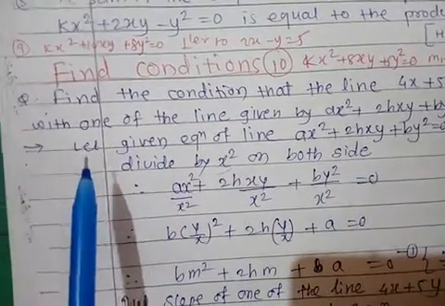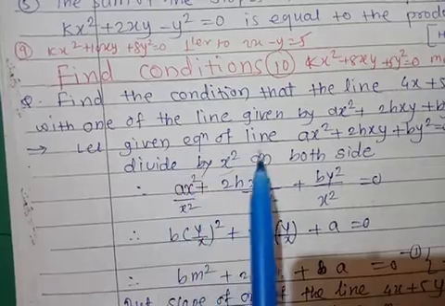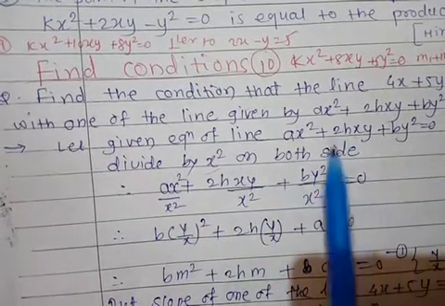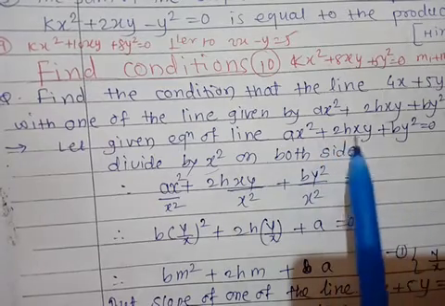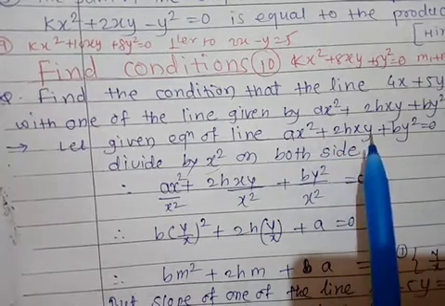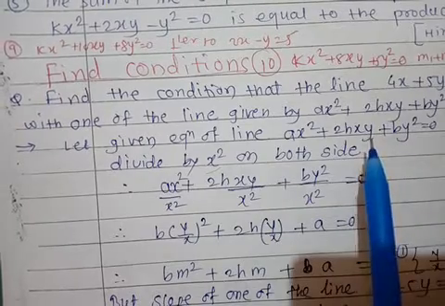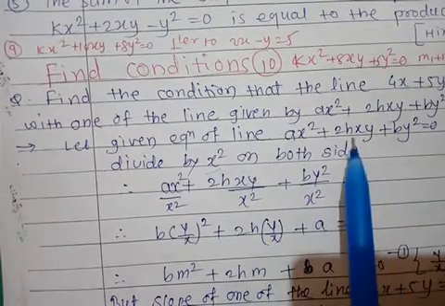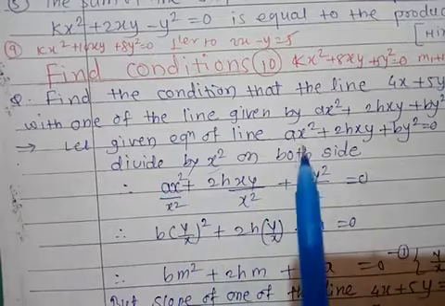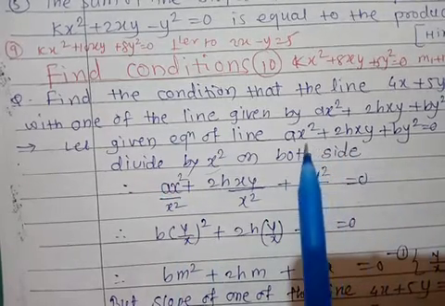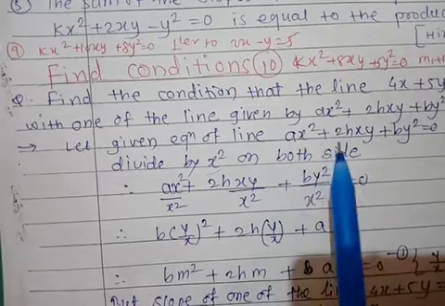Answer is like this. Let the given equation of lines be ax square plus twice hxy plus by square equal to 0. This is the joint equation, and in that equation there are two lines passing through the origin. Remember this. First you have to find the auxiliary equation from this equation, which means we have to divide by x square on both sides.